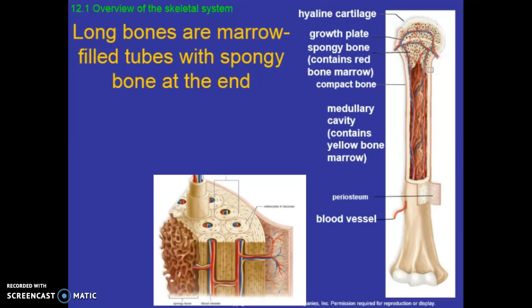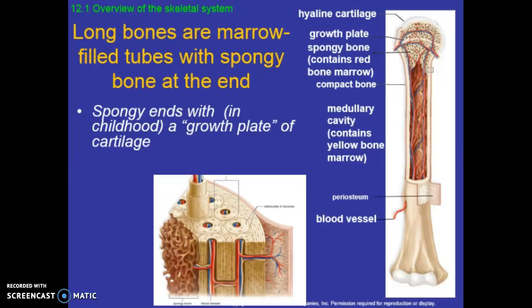All right, now looking at some of the bone structure. The long bones are marrow-filled tubes with spongy bone at the end. What this means is that there's going to be bone marrow that functions to help with the generation of blood cells.